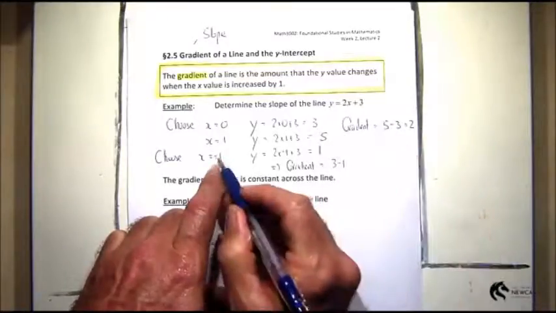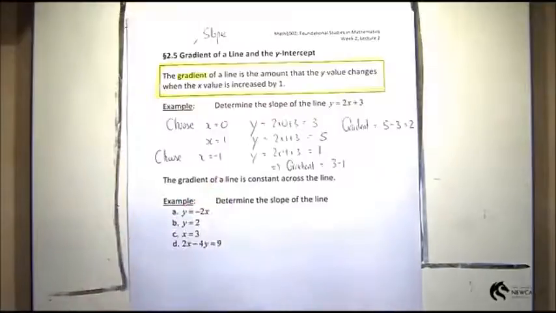So when x is minus 1, let's put it on the graph. When x is minus 1, y is 1. And when I increase x by 1 unit, that's how much the y value has changed. It's changed from 1 up to 3.